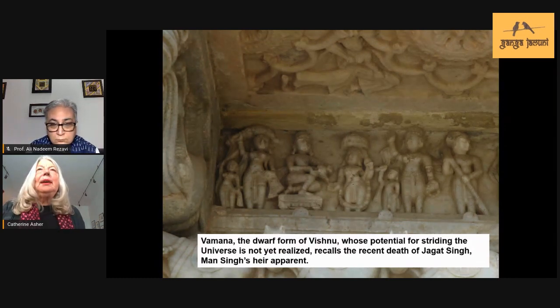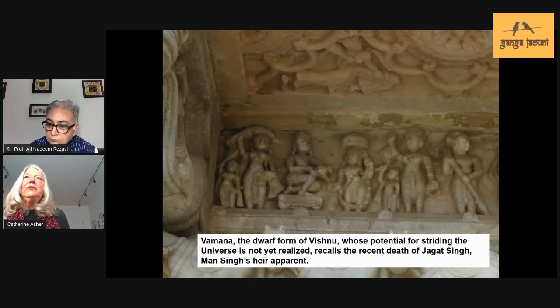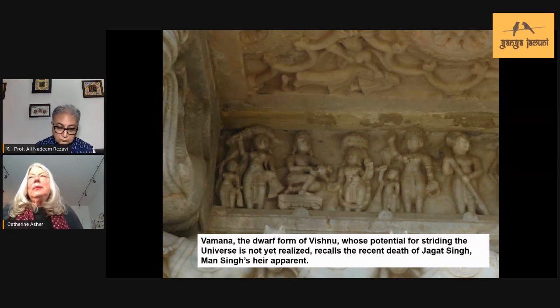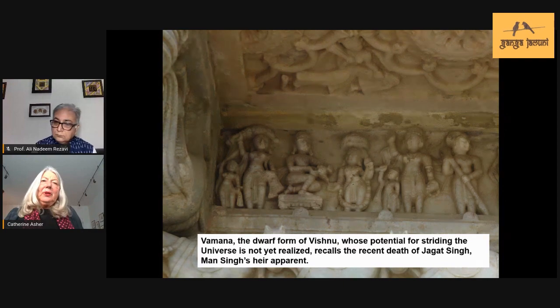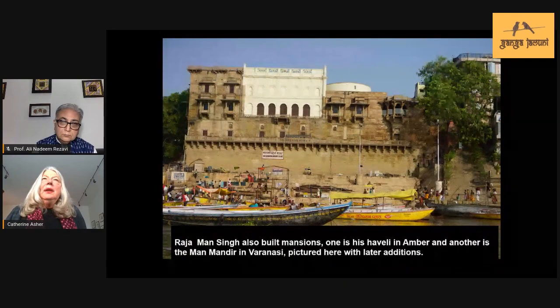His potential is not yet realized. Recalling the recent death of Jagat Singh, Man Singh's heir apparent. So again, there's both something extremely personal and commemorative in this temple, but also something that reflects the larger Mughal cultural milieu of which this structure comes out of.